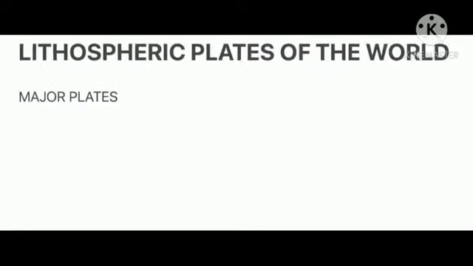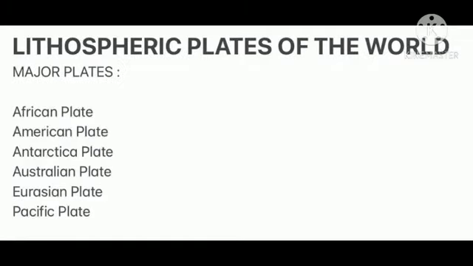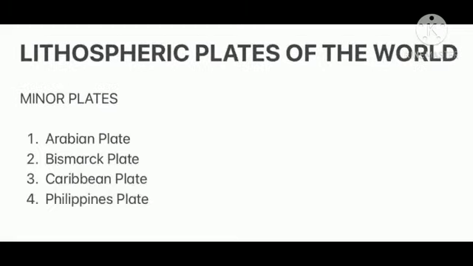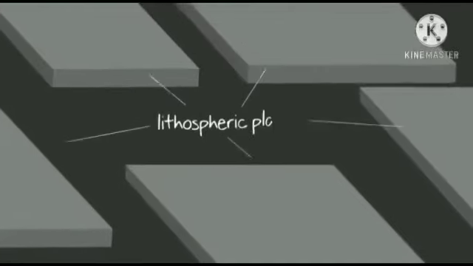Talking about the major plates, these include the African plate, American plate, Antarctic plate, Australian plate, Eurasian plate, and the Pacific plate. Talking about the minor plates, these include the Arabian plate, Bismarck plate, Caribbean plate, and the Philippines plate. Now let's see how it all works.